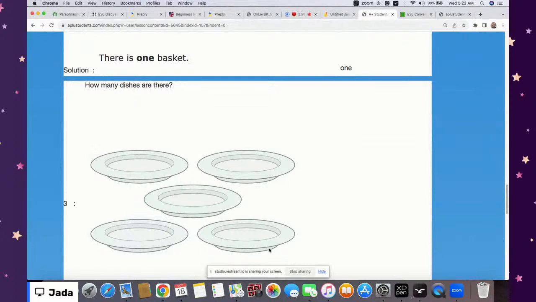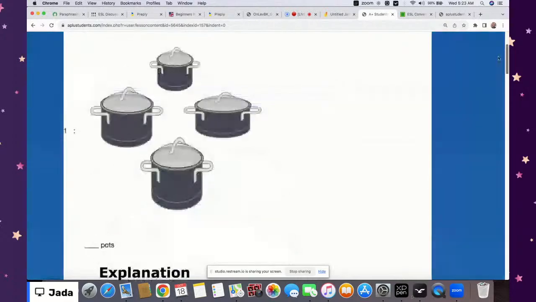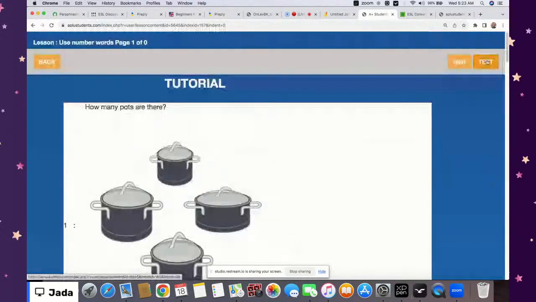So five dishes here, Ali. Five. So we have five dishes here. Okay, good job, guys. So that's it for this adjective. It is telling you how many things you can see.